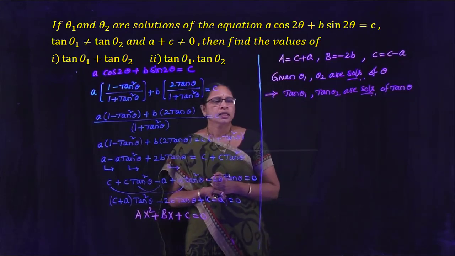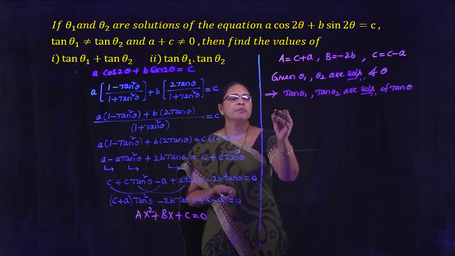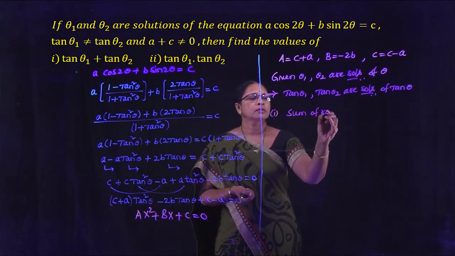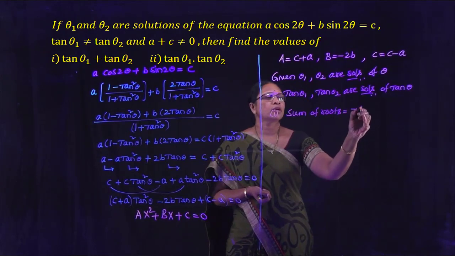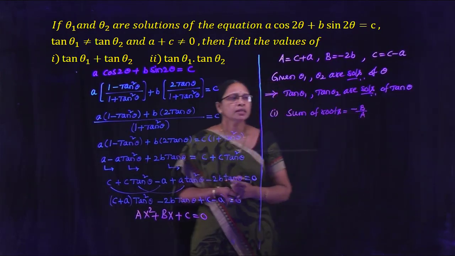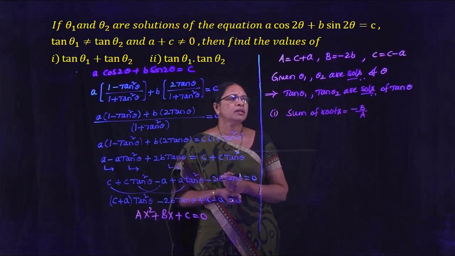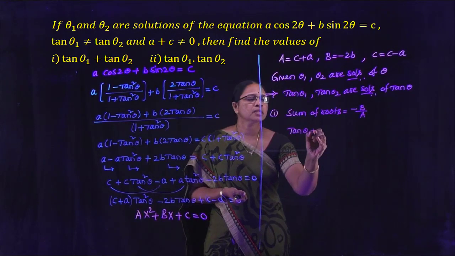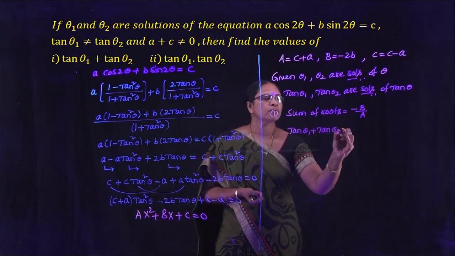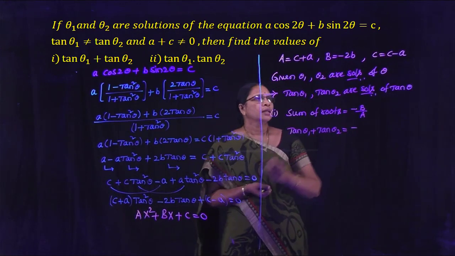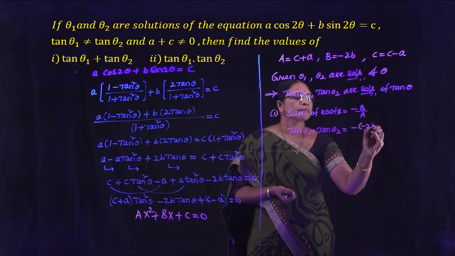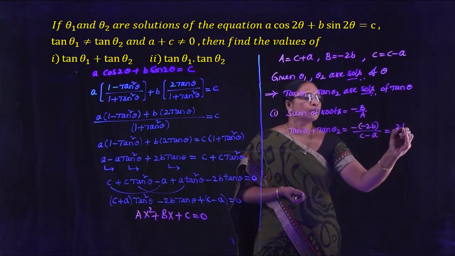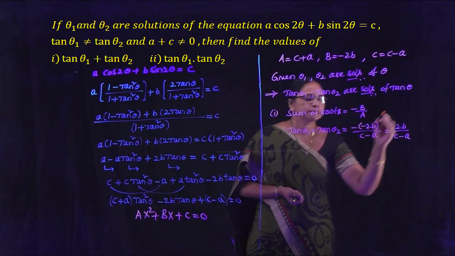We know that the sum of roots is equal to minus b by a. Here the roots are tan theta 1 and tan theta 2. Sum of roots, tan theta 1 plus tan theta 2, is equal to minus, here b is minus 2b, by a is c plus a. That is equal to 2b by c plus a.